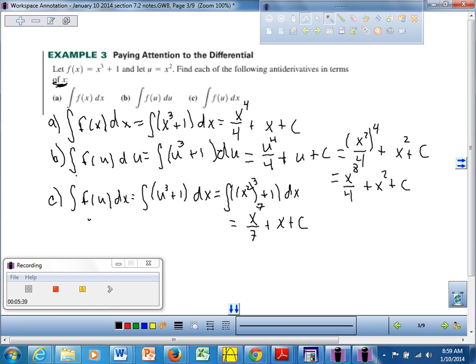So each of these gives us a different solution. We just need to be very careful about how we are plugging into our integration. Yes? Questions on A, B, or C?